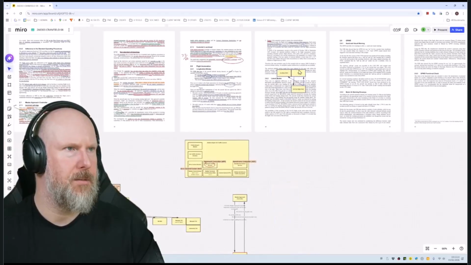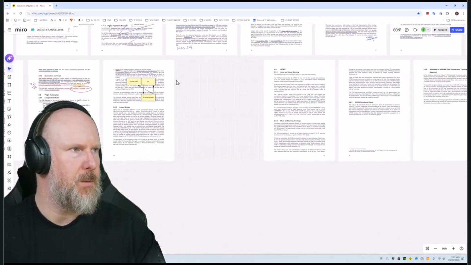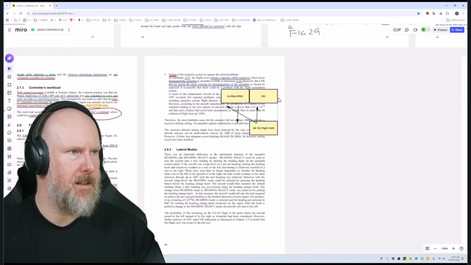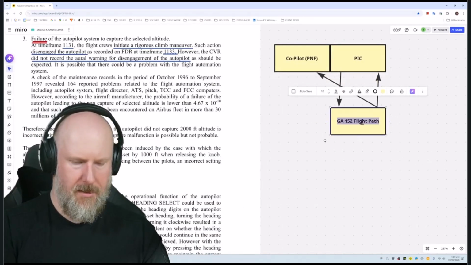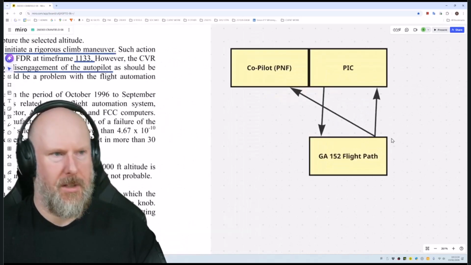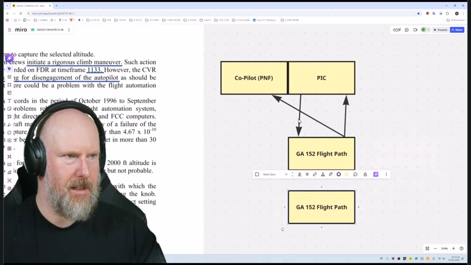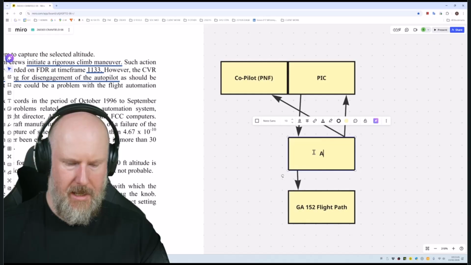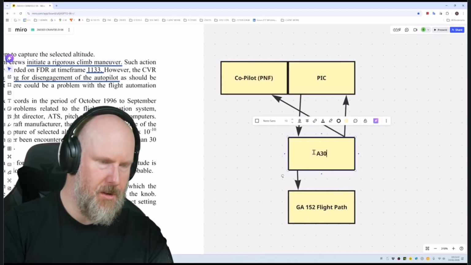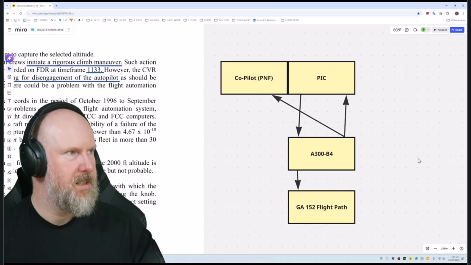GPWS, move it there like this. So we've got the GA152 aircraft. In fact, what I'll do is I'll do it like this. So we've got the A300 B4, I think. Something like that. There we go.